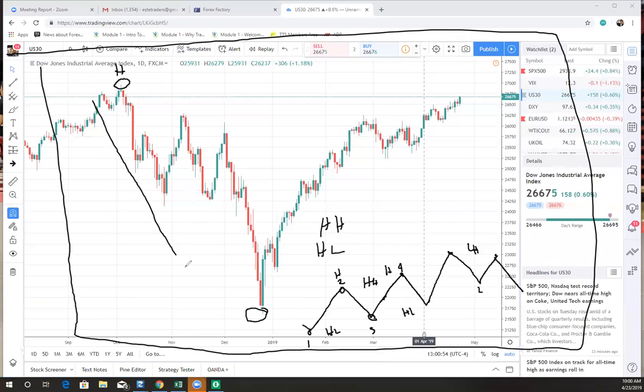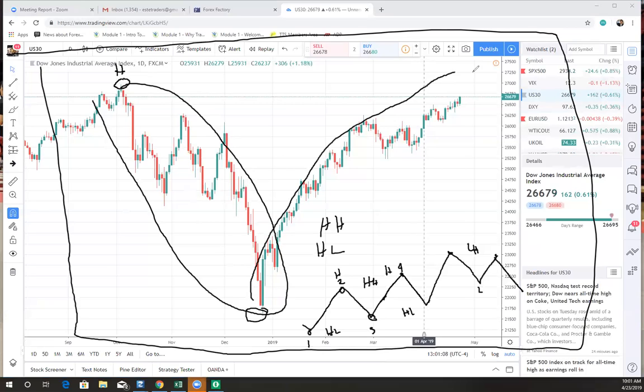In between here, that creates the impulse. Corrections, impulsions versus corrections. Notice this is now the impulse as well. But this impulse is also a correction on a bigger scale of things.